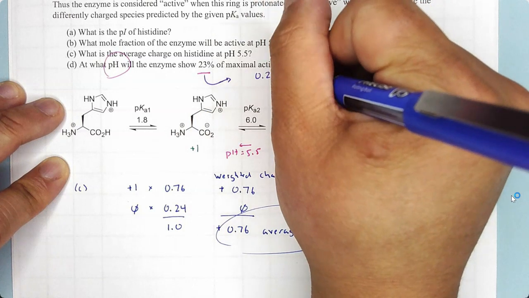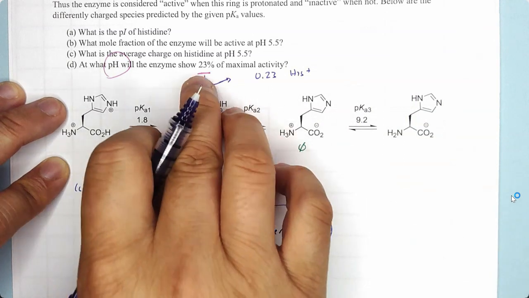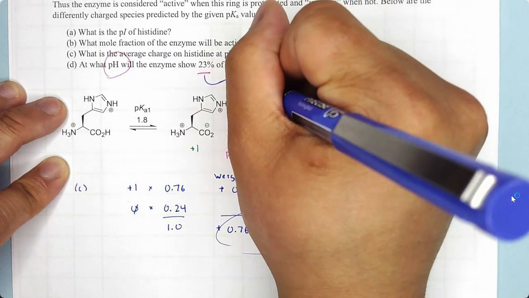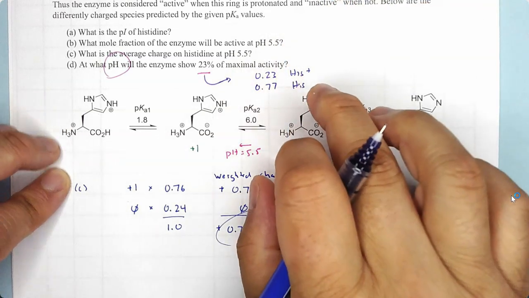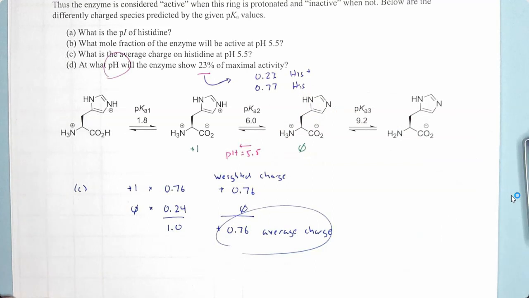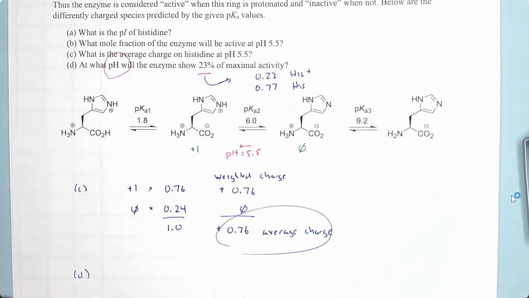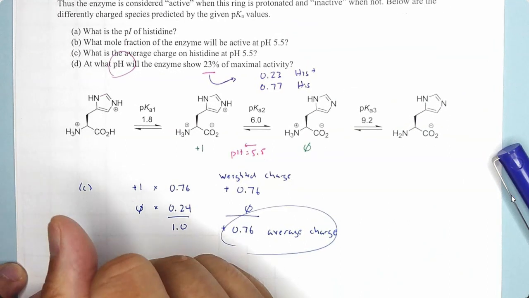That is active, His plus. And if it's 23%, that means 77%, or 0.77, is inactive. And so we know how to use these numbers. We could use them in the Henderson-Hasselbalch equation. We don't have to do anything fancy like we did over here. Part over whole? No, the Henderson-Hasselbalch is literally the ratio of the two species.